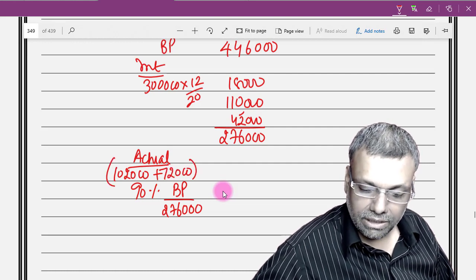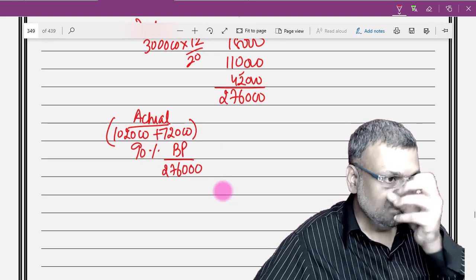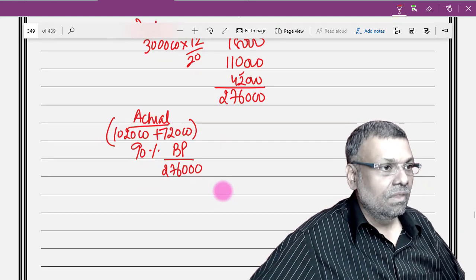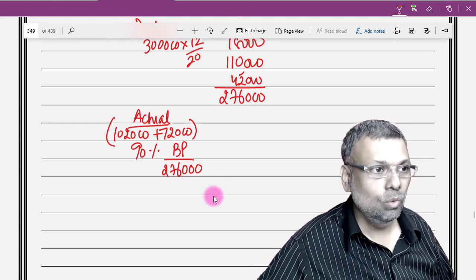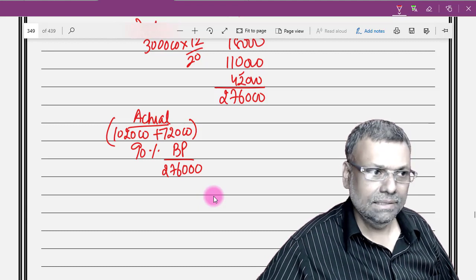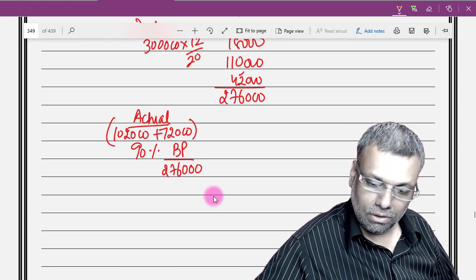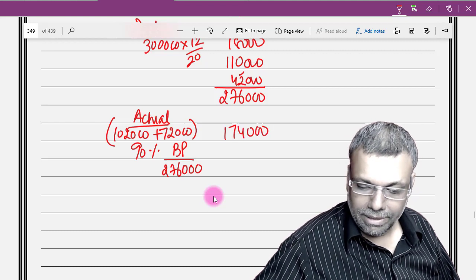These are their eligibility, subject to 90% of the book profits. And 90% is somewhere 2,40,000 or some odd number. And full 174 will be eligible. Okay. So full 174 will be eligible.